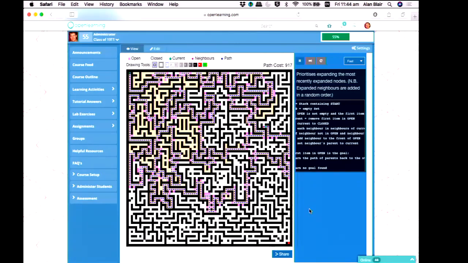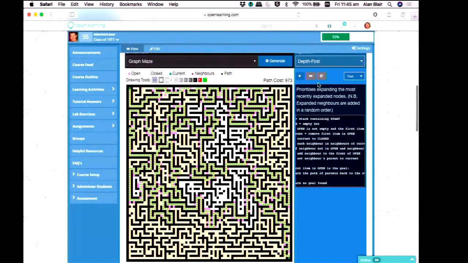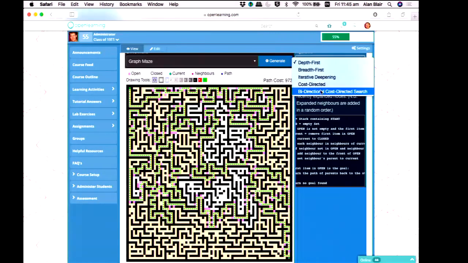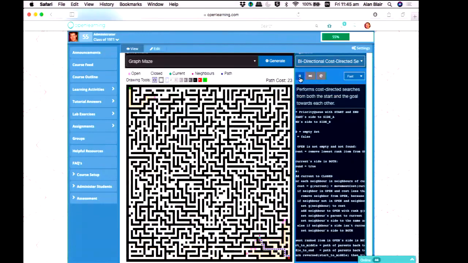So you can generate mazes and run these algorithms. In addition, you can create your own mazes, and we've got an editing tool here. This is an example where depth first search filled up almost the entire maze. Let's have a look at bidirectional search. Here you can see it searching from both sides simultaneously, and eventually they meet in the middle.